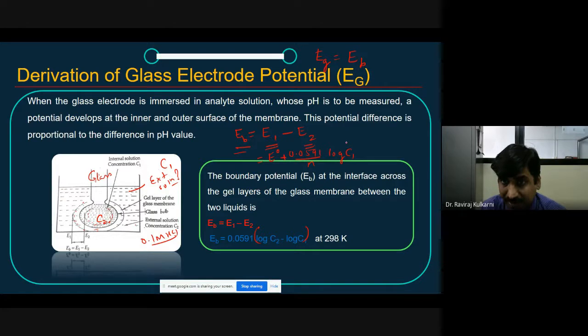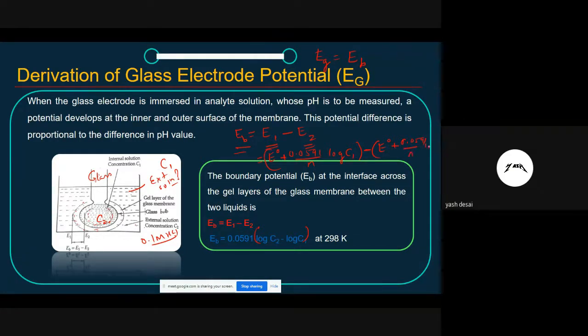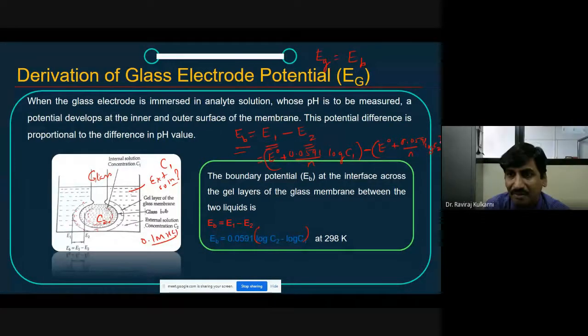So E0 plus 0.0591 at 298 Kelvin divided by n into log of C2. We have not shown all the intermediate steps.